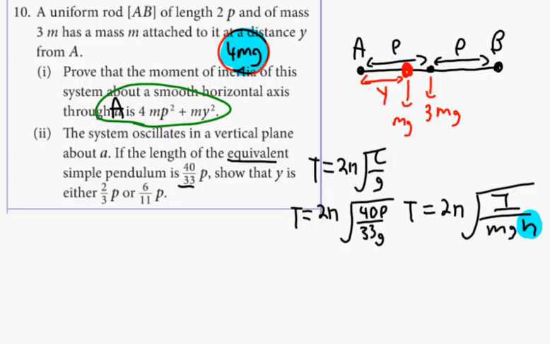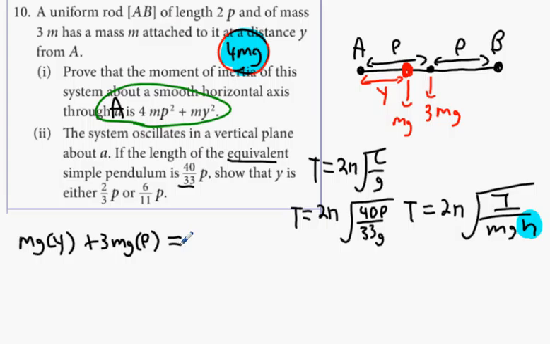They're all clockwise turning moments at the moment, aren't they? They're all causing this system to rotate this way here. So the turning moments of the system is going to be mg times y plus 3mg times p is equal to what, guys?